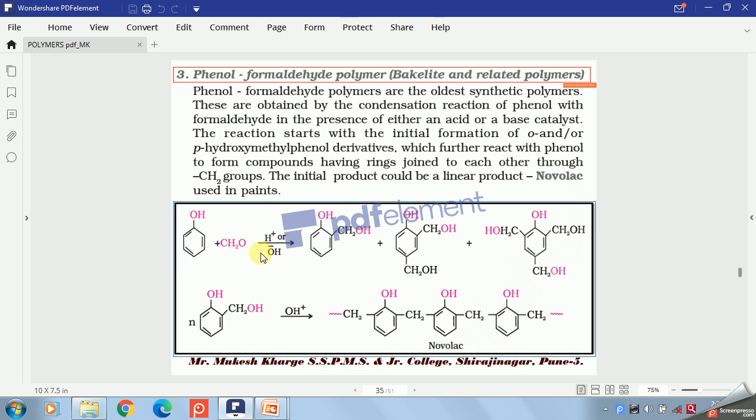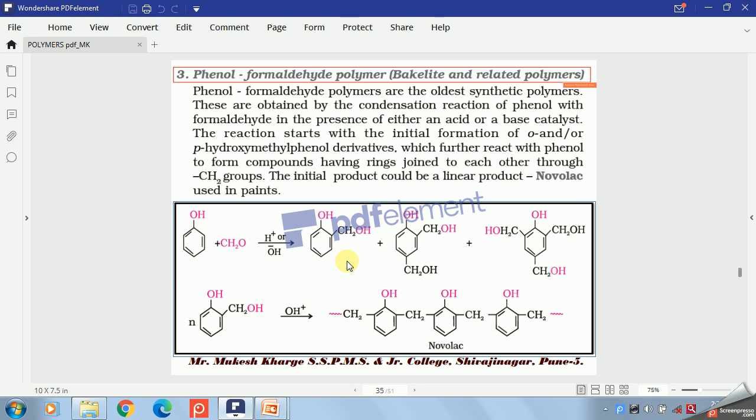So the reaction starts with initial formation of ortho and sometimes para hydroxy methyl phenol derivative. Here three products are formed. Out of that, first one is ortho hydroxy methyl phenol derivative.